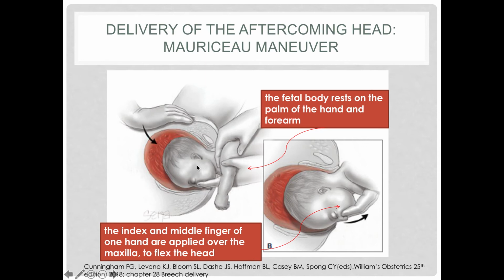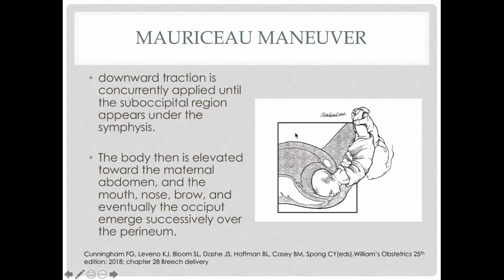With this position, you do a downward traction until the suboccipital region appears under the symphysis. After that, you elevate the fetal body towards the maternal abdomen, as you can see in this picture. And then the mouth, nose, brow, and eventually the occiput will emerge successively over the perineum.